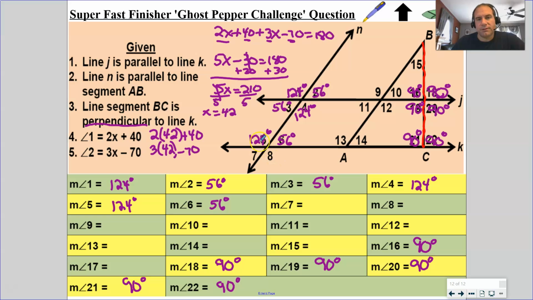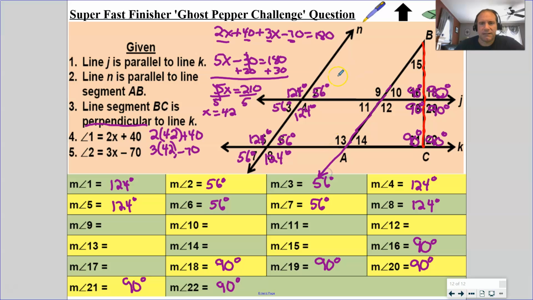Now a little bit of the vertical angles. So we have 6 and 7 being vertical, that is 56 degrees, so 7 is 56 degrees, and then 8 and 5 right here, 124. They're vertical as well. So now I'm kind of finished on this side, and I hit a roadblock, but you didn't, because see this right here?